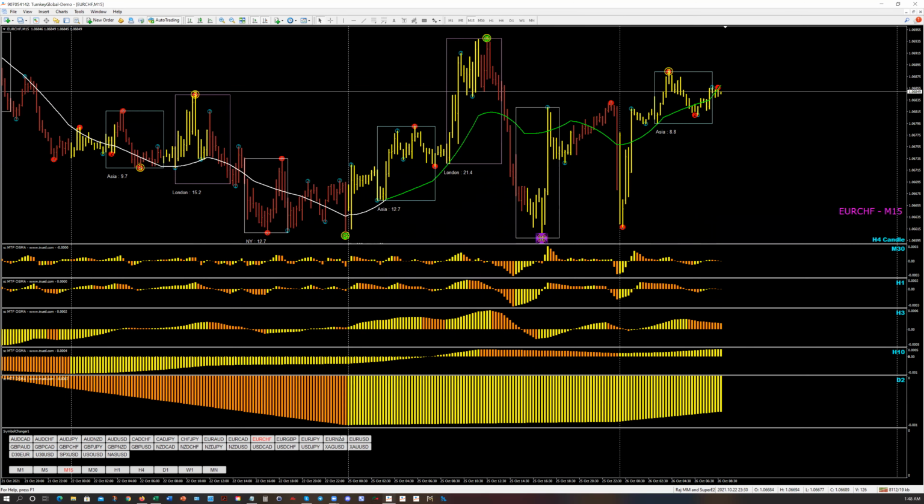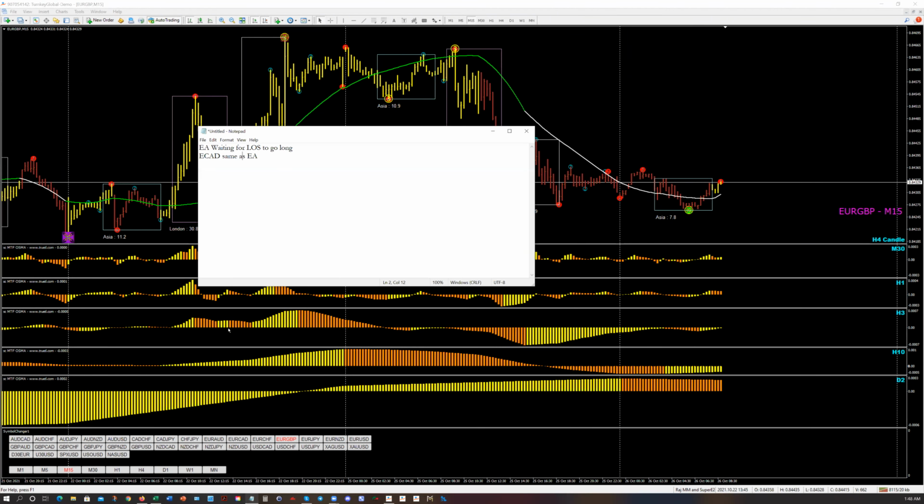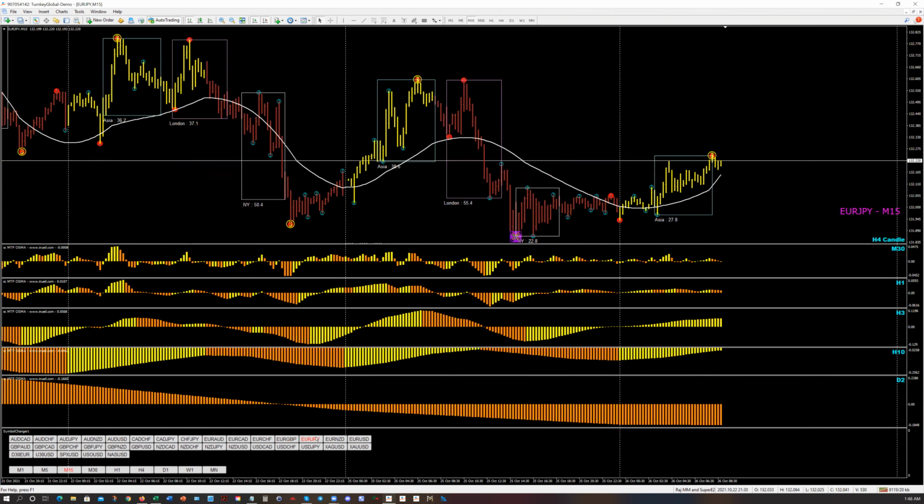This is not in sync. Euro GBP, waiting for a low of the session. Euro Yen, same thing.